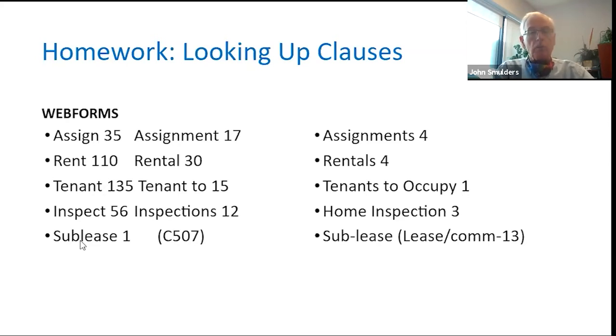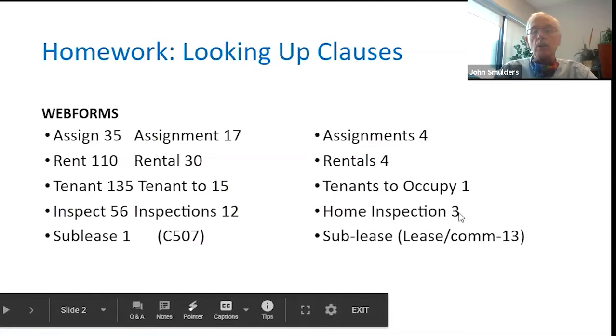The other important part I want to point out to you is that commercial and residential clauses or conditions are totally interchangeable. And so, for example, back to inspections, you can put in home inspections and get 3 results. This is probably a residential result because it says home, all right? Can you use this clause?